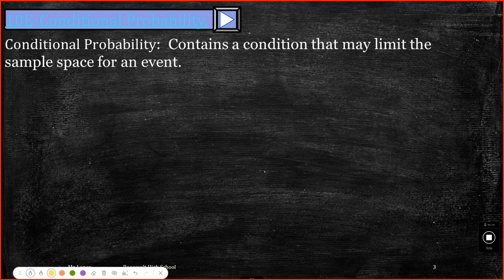conditional probability. Conditional probability contains a condition that may limit the sample space for an event. All right.